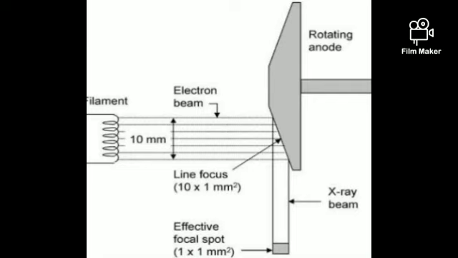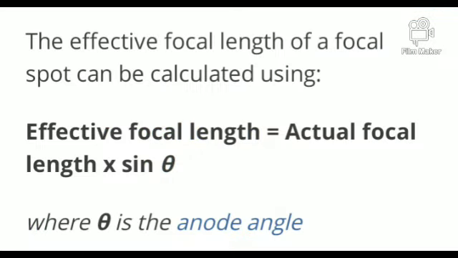When we talk about the measurement of focal spot size, it is expressed in terms of our effective focal spot. The relationship is: effective focal length equals actual focal length times sin theta, and theta is our anode angle, that is the angle of the target, the steep angle mainly.